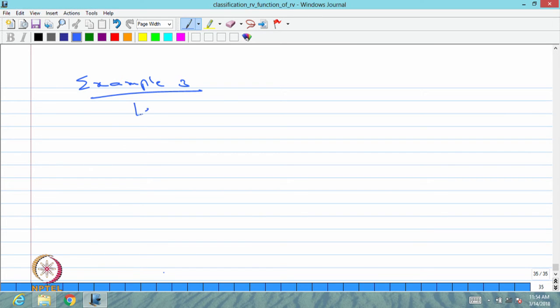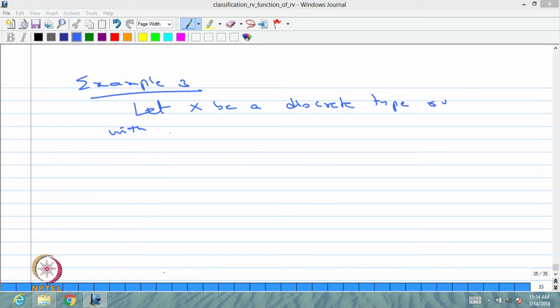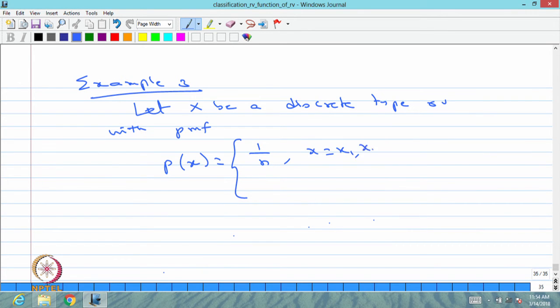Let x be a discrete type random variable with probability mass function given by p of x equals 1 divided by n when x takes the values x1, x2, up to xn, and 0 otherwise.